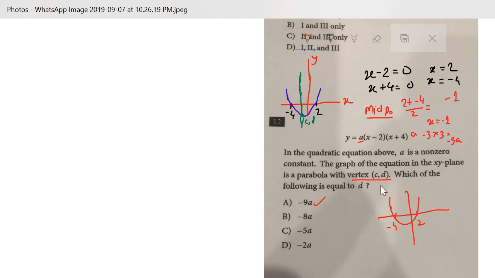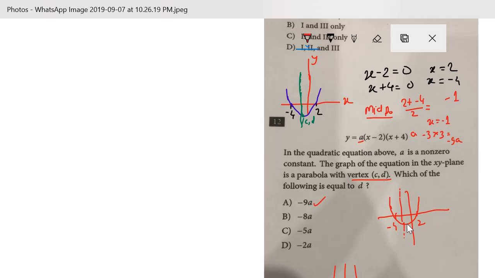If I draw a line which divides the parabola into two equal parts, this line is called the axis of symmetry, and this point is called the vertex. Because the axis divides the parabola into two equal halves, this point is the vertex.